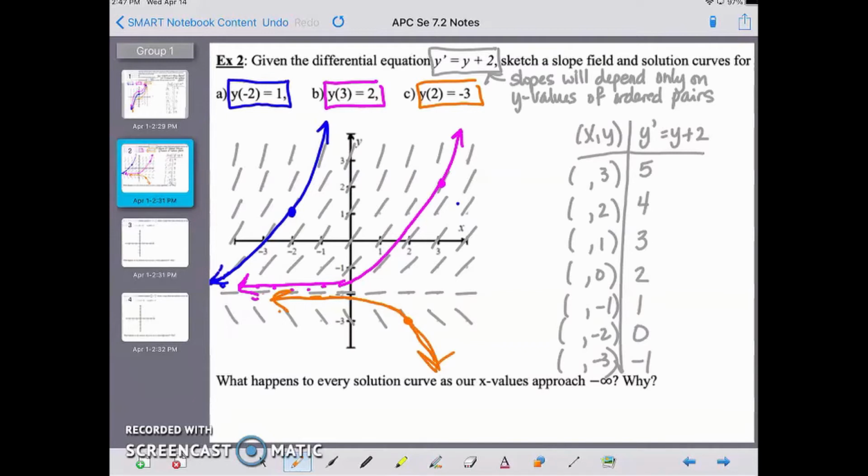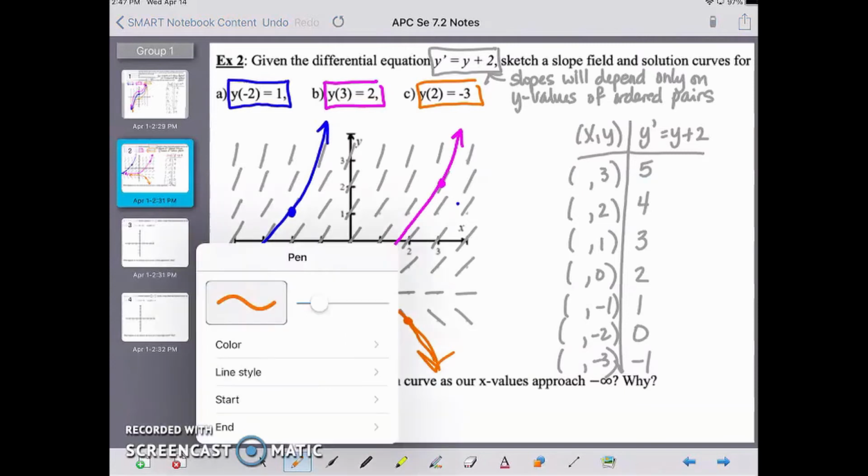Okay. And then there's a question below for us to answer here. It says, what happens to every solution curve as our x values approach -infinity, and why? Well, if you look at our 3 graphs, we have that horizontal line at y equals -2 where our slope is 0, right? So each of our solution curves basically approach a horizontal line at that point.